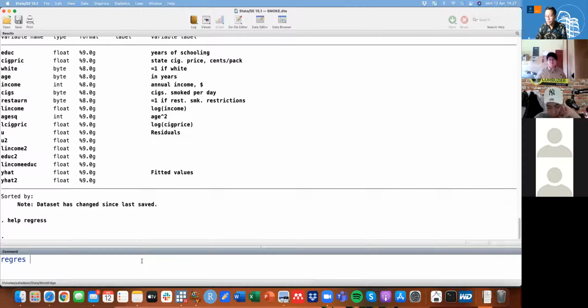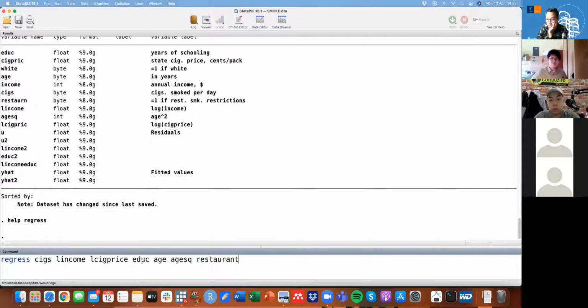So I'm going to use cigarettes smoked per day as the dependent variable, and then log of income, log of cigarette price, education, age, and the square of age. I'm also going to use whether or not there is a restaurant smoking restriction.